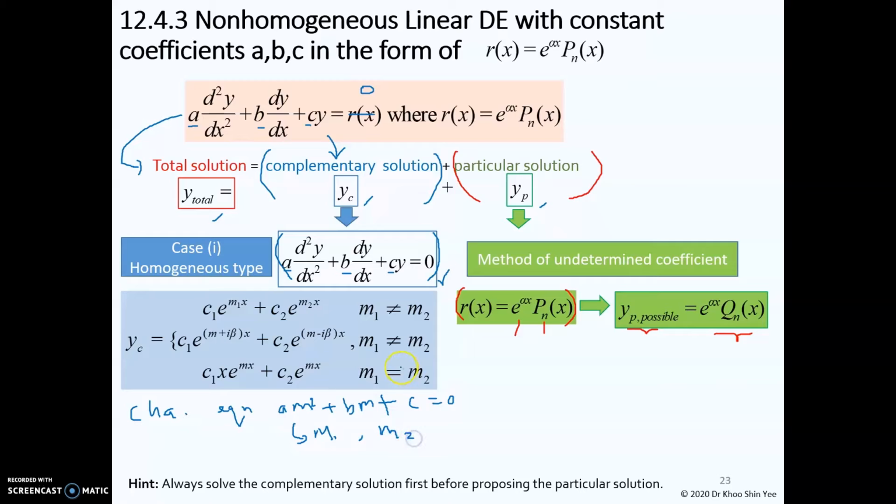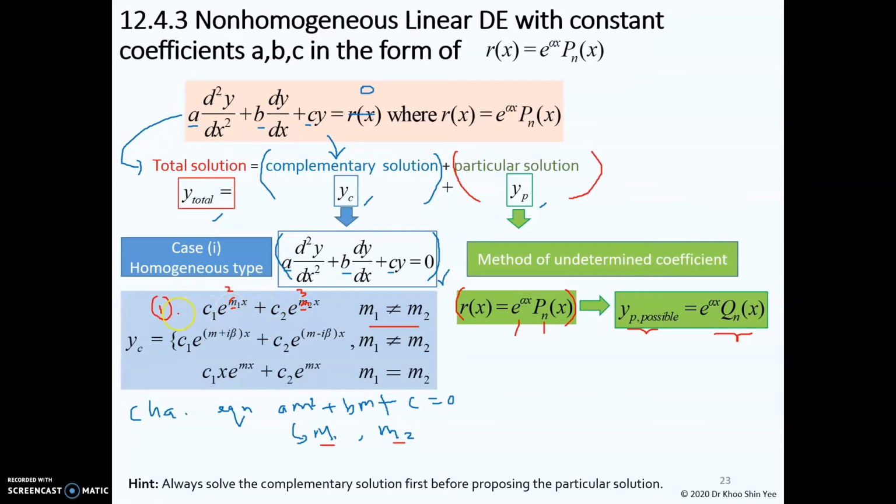So for the second order ODE, you should have two roots. Based on the m1 and m2 roots that you obtain, we can separate it into three cases. For the first case, you obtain m1 and m2 in the real number and both of them are different. For example, let m1 equal to 2, m2 equal to 3 in this case.